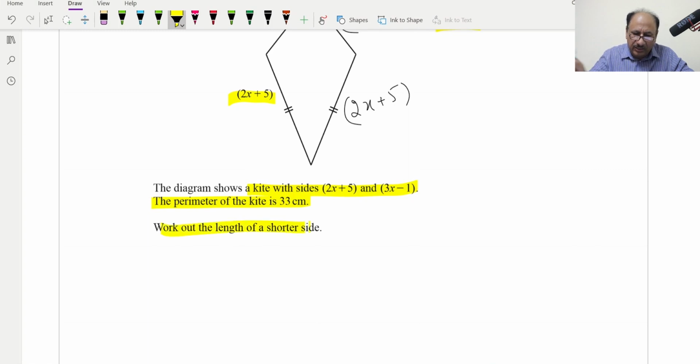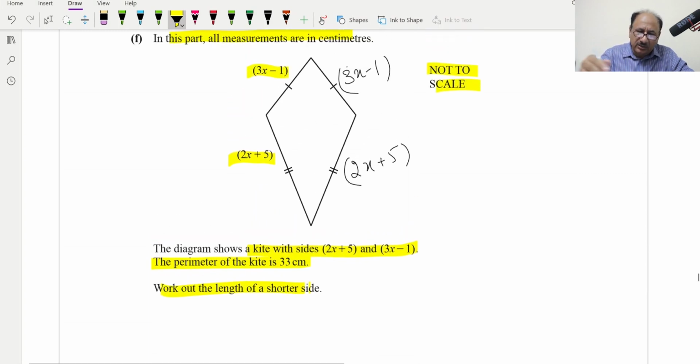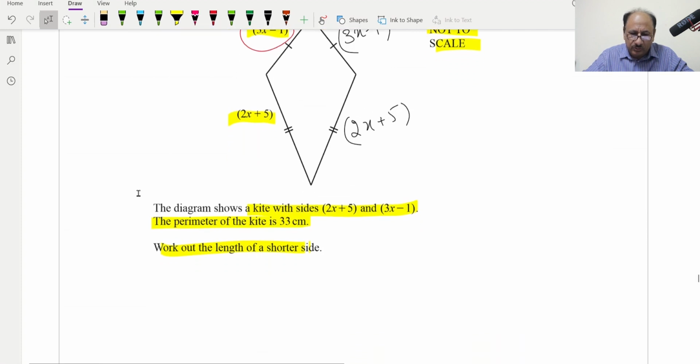Work out the length of a shorter side. The shorter sides are this one, so the 3x minus 1 value we have to calculate.